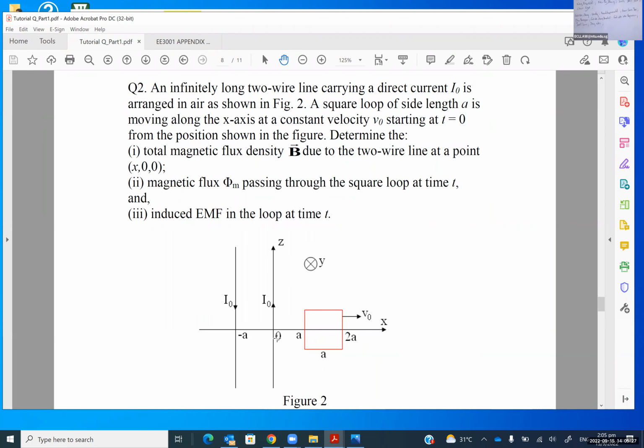Into the paper. How do you get this answer? Right hand rule, or a_z cross a_x gives you a_y. So we all agree the a_y direction is going into the white paper.